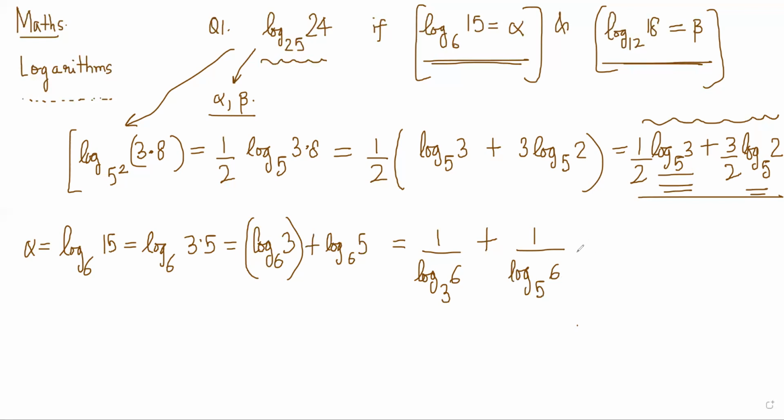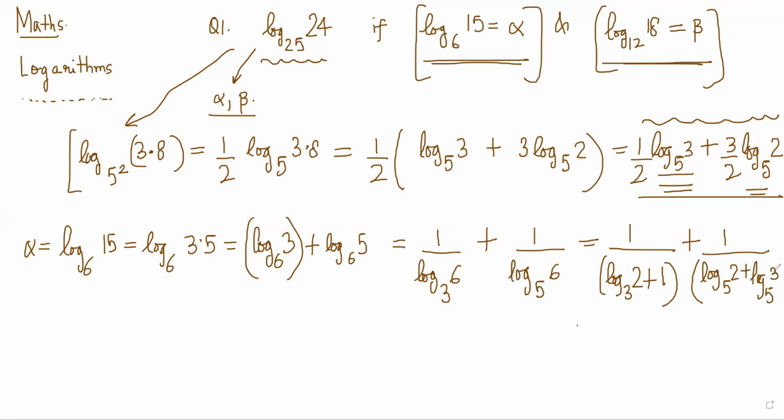So now you can split it apart into two parts. 1 by log 3 2 plus log 3 3, which is 1, right? Yeah. And this is 1 by log 5 2 plus log 5 3, right? Yeah.